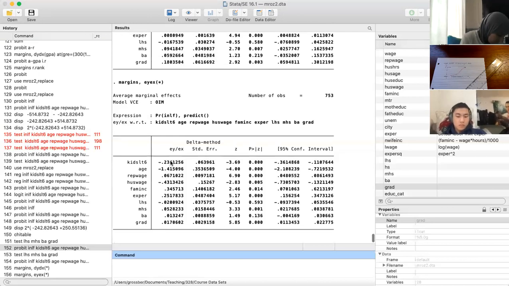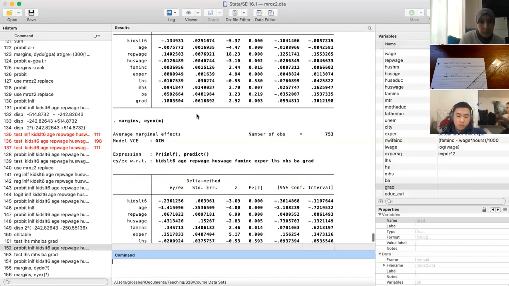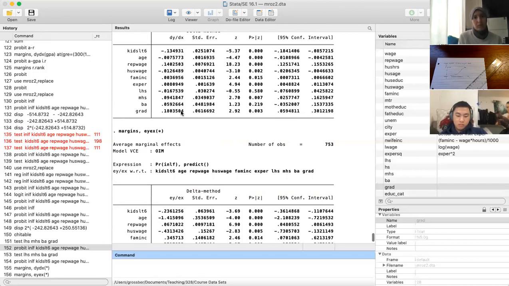And again, these are average elasticities. These measure what's going on over the entire range of the regression line, just as these derivatives or marginal effects are over the entire range. So this is an average elasticity.